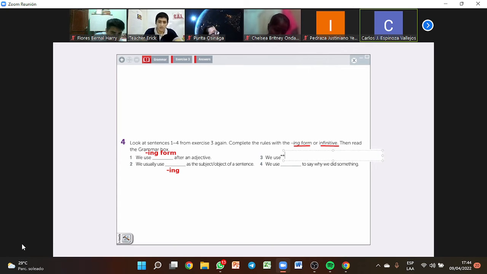So number 1 is infinitive. After adjectives, we use infinitive. Okay, and the last one, we use to say why we did something. So ing or infinitive, which one do we use?